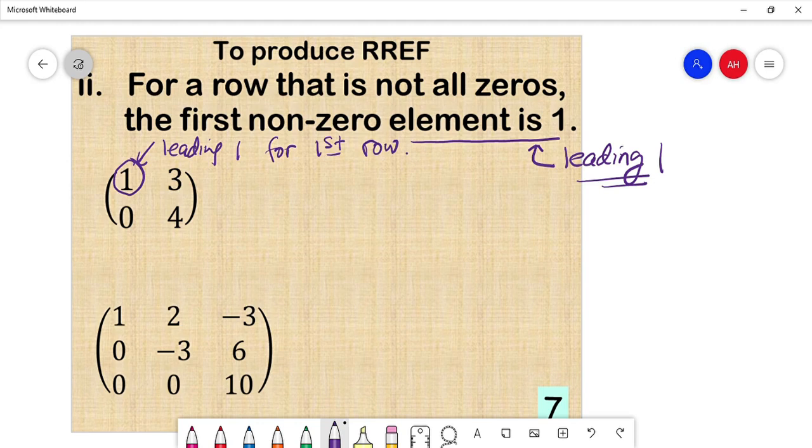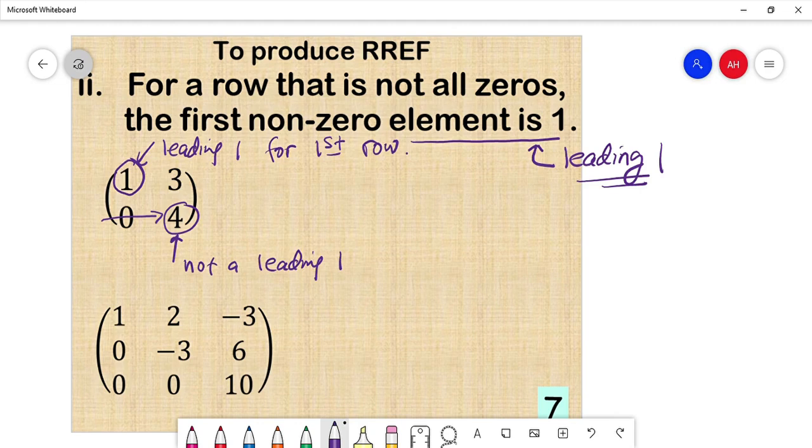Now, for row number 2, we don't have a leading 1. You know why? Because the first number after 0 is not 1. Because we have number 4, we don't have 1. This is not a leading 1.